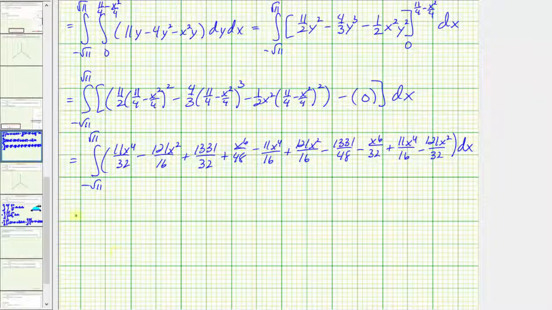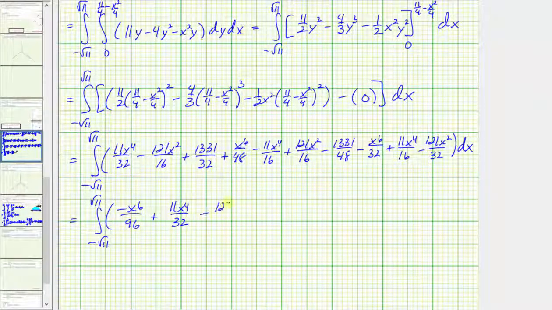Now we want to combine the like terms, which would give us negative x to the sixth divided by 96 plus 11x to the fourth divided by 32 minus 121x squared divided by 32 plus 1,331 divided by 96.